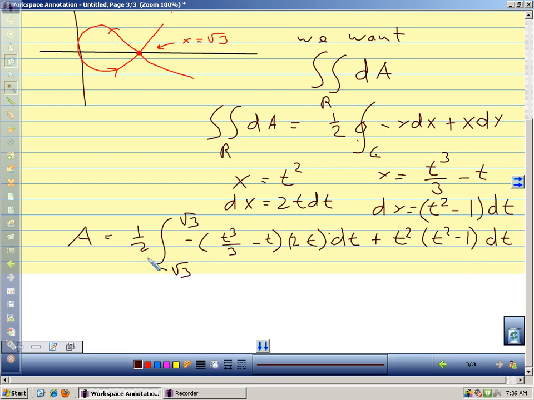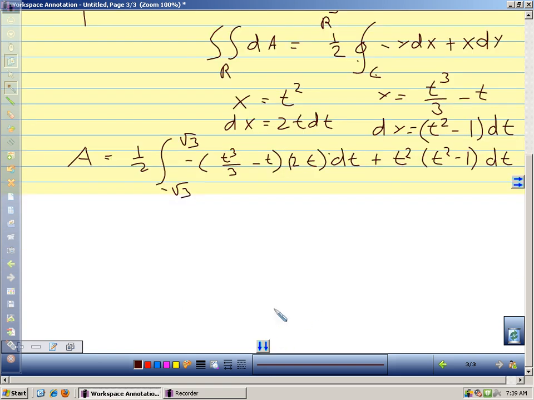This turns into evaluating an integral with just polynomials. It takes a little bit of simplification, but we just end up with powers of t that we're integrating.